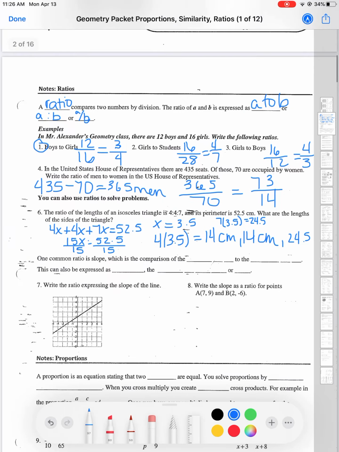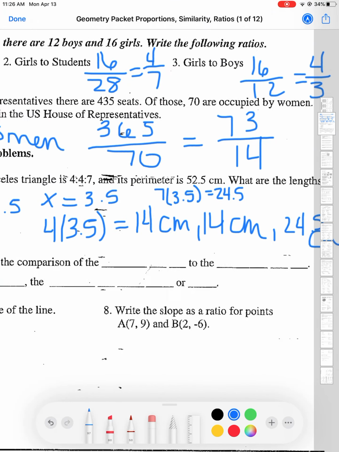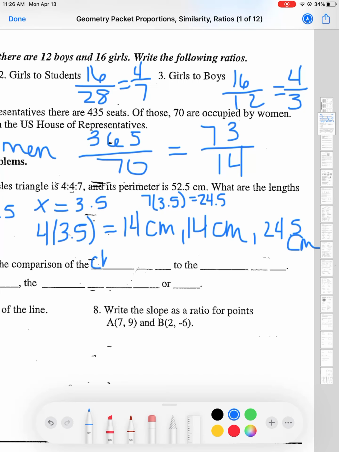Now, you should be asking yourself, how am I able to check this? We should be able to add 14 plus 14 plus 24.5, which should give us 52.5. And if you enter it on your calculator or do it in your head, it does indeed give us 52.5.